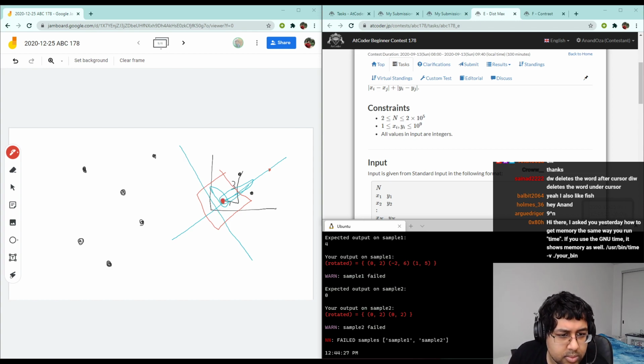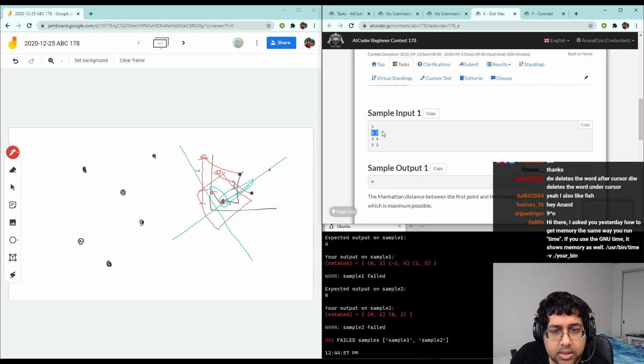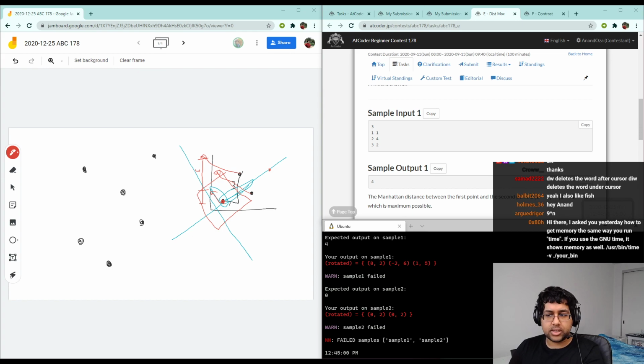So this point becomes 0, 2. That's fine. Then this point becomes -2, 6. And then this point becomes 1, 5. And then this vertical distance would be 4. So what's the difference between 1, 5 and 0, 2? That would be 3. And the original Manhattan distance was also 3. Okay, so I think this is just right.